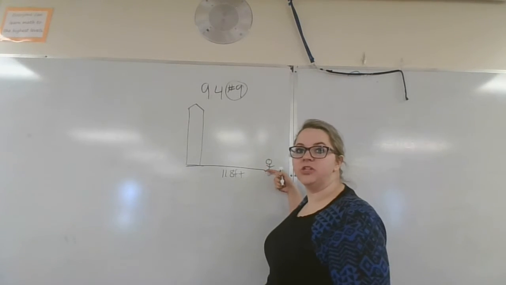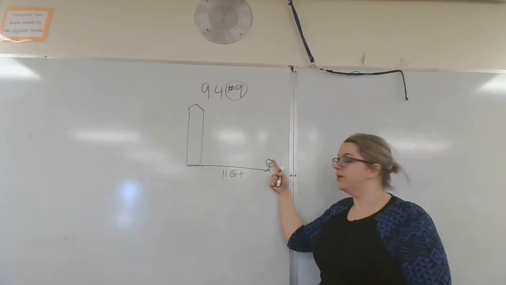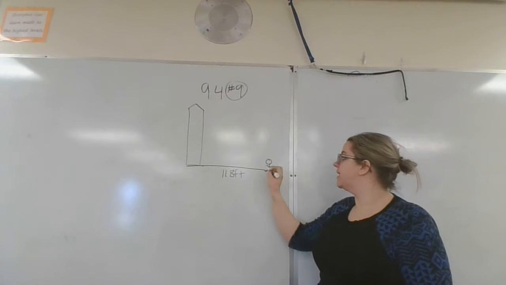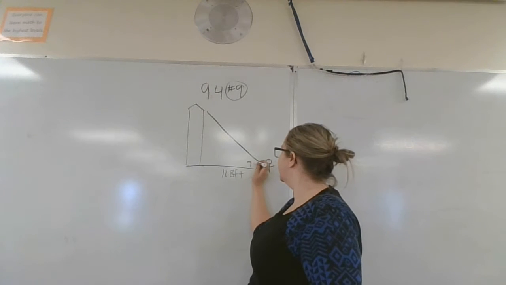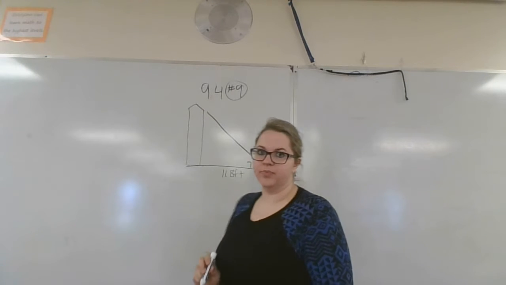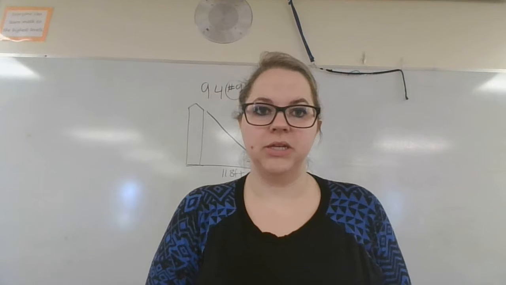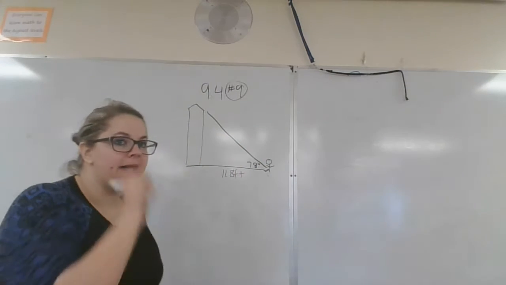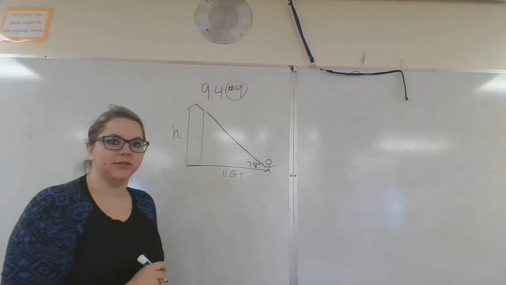Angle of elevation means if I'm standing here and I look up, that angle is 78 degrees. And we want to find the height of the monument. That's our goal. So this is my H here.